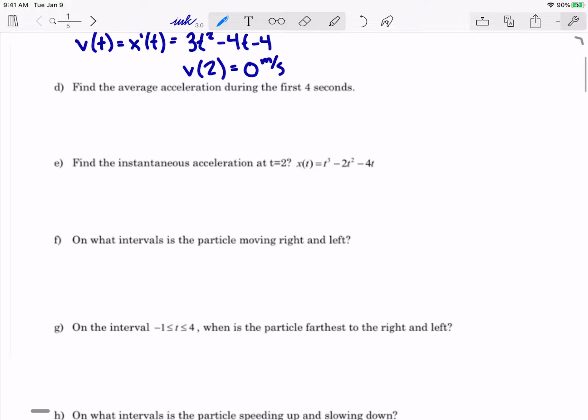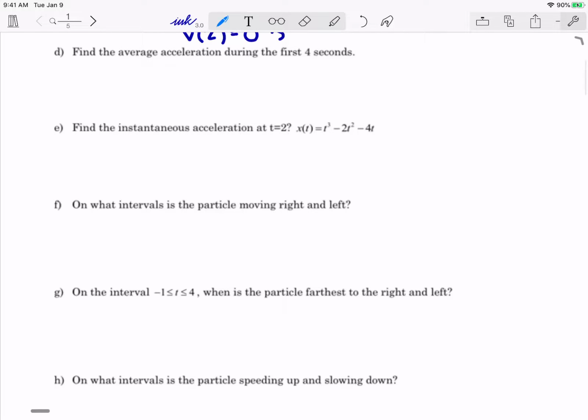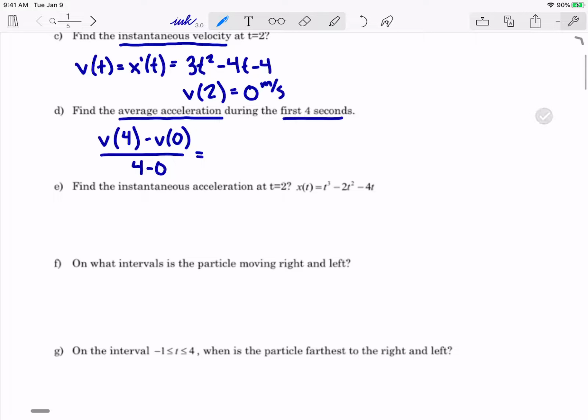Next problem asks us to compute average acceleration. So for average acceleration, I need to be looking at my velocity function and the slope between the starting and ending points. So v of 4, because it's the first 4 seconds, minus v of 0 over 4 minus 0. I trust that you can go back up to the function that we just found.